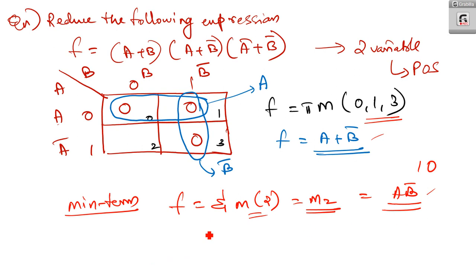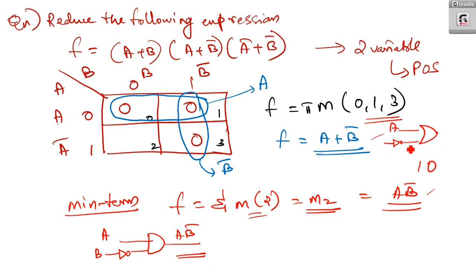So for min term realization, here you will get A B bar. Using max term realization, you can draw like this, having A or B bar.